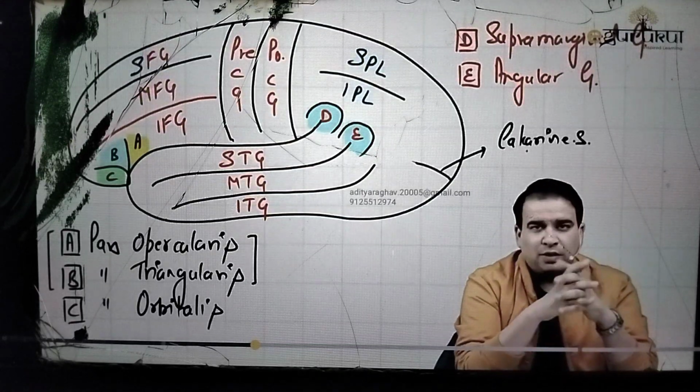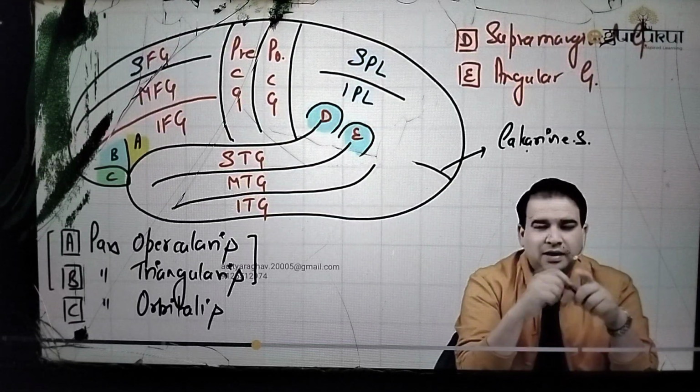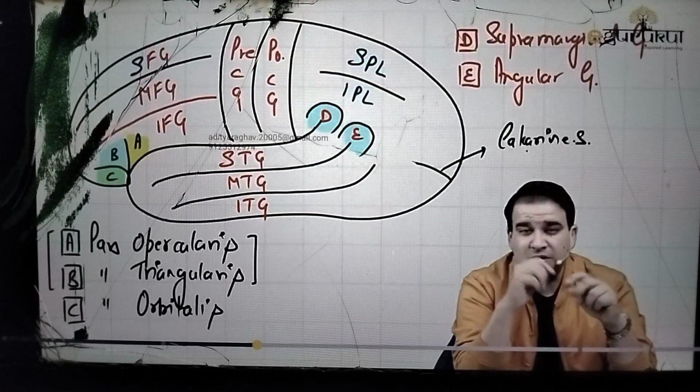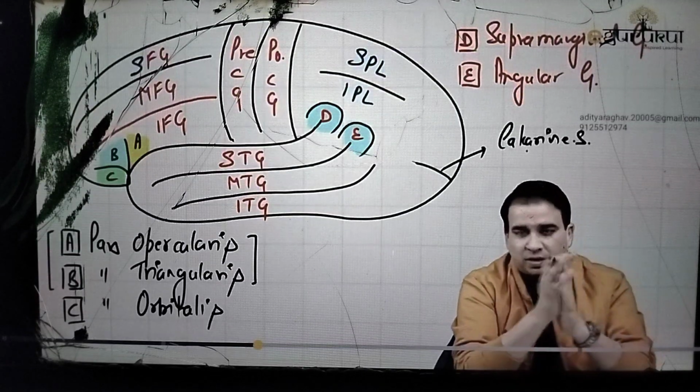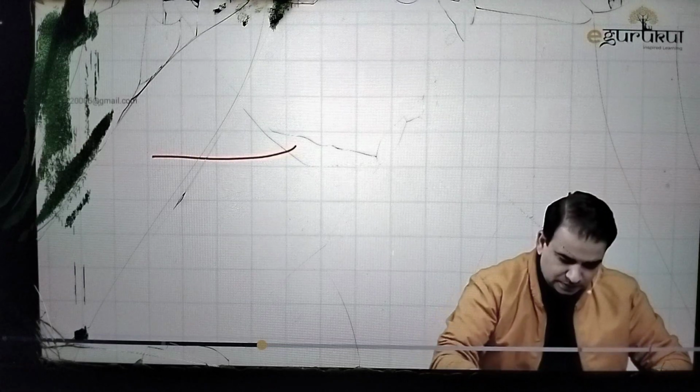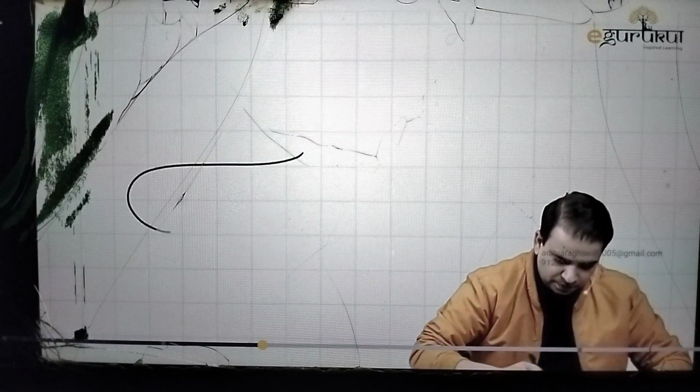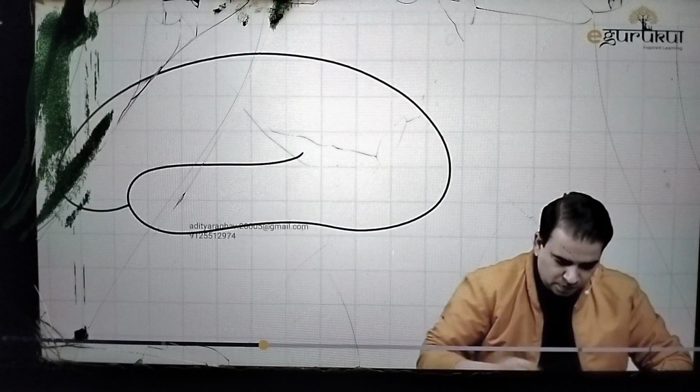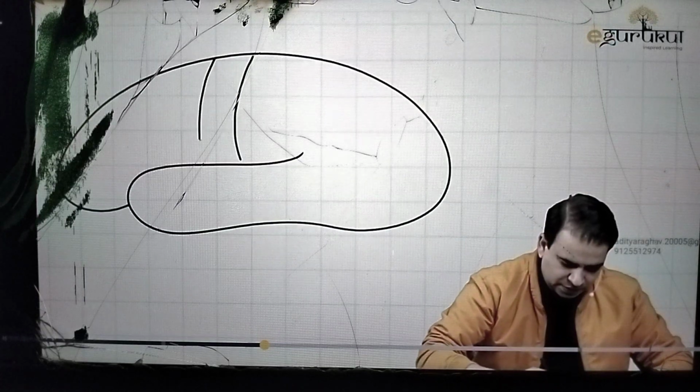Now let's use the knowledge of where these gyri and sulci are, and let's mark where the important areas are present, what their function is, and any injury to those areas will lead to what. So I'm again going to take the same diagram here, guys, but this time we'll be marking areas on it. So there we go, once again, the superior lateral surface. The central sulcus, pre-central and post-central gyrus.